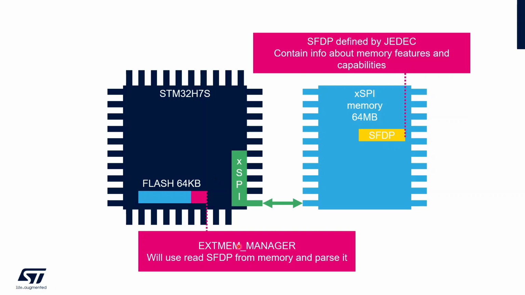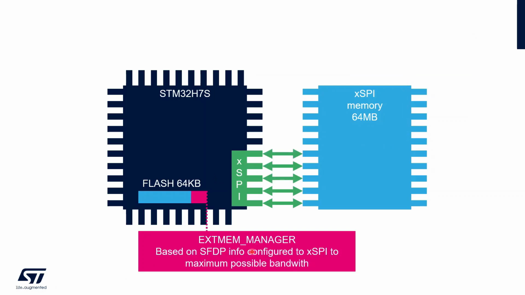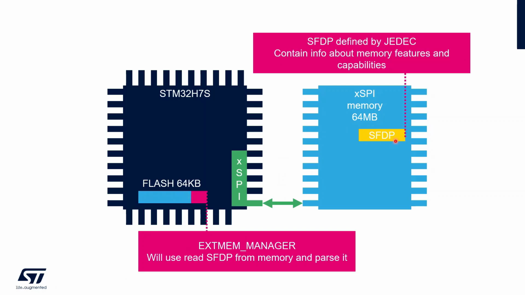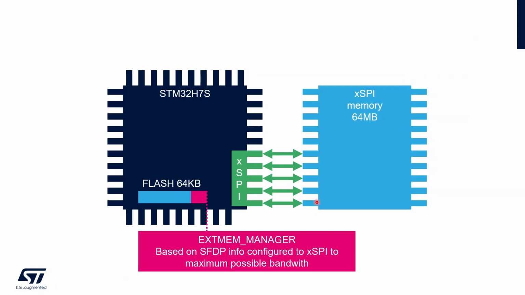What the external memory manager will do is access the SFDP register, read it, parse the content of this register and configure the external SPI in a way which is aligned with this SFDP configuration. So it basically configures all the memory operations for you, so you don't need to read the datasheet and check which command to use and how to configure it on the STM32. It can do it for you.